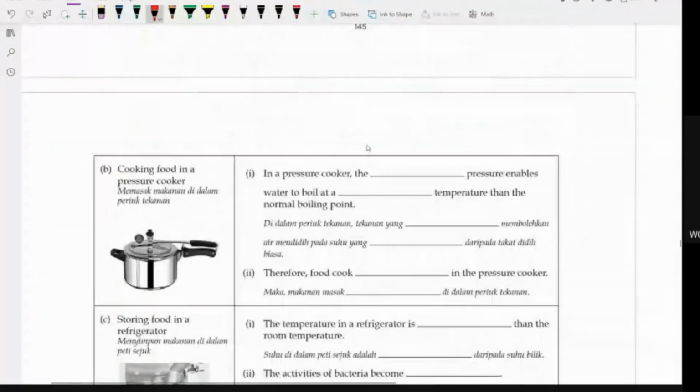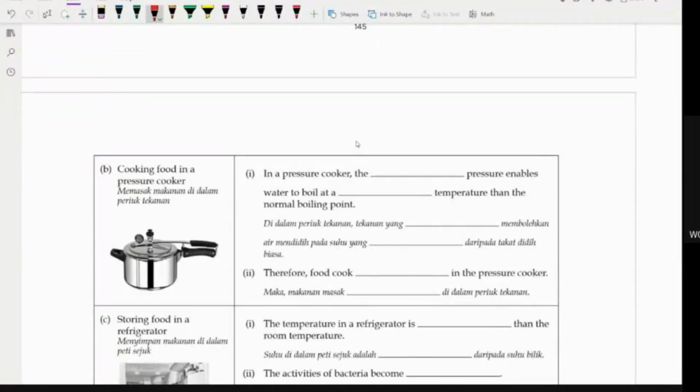Next, we are looking into cooking food in a pressure cooker. So which factor is affecting this one? Class, what factor? Which factor now? Anyone?